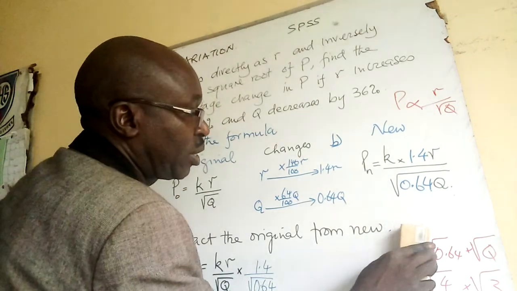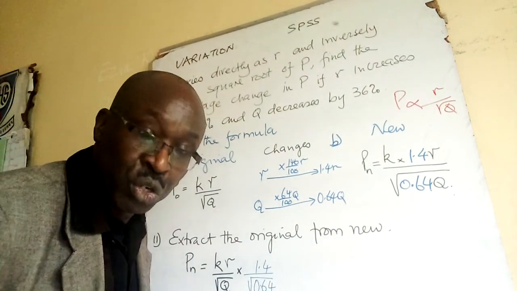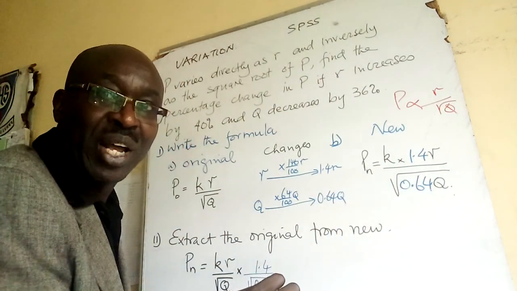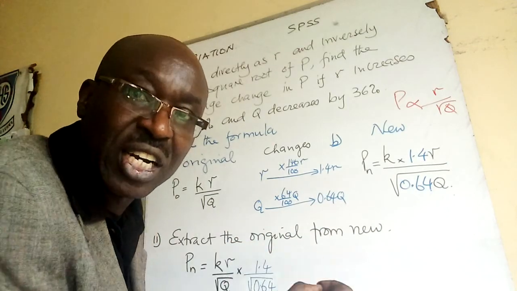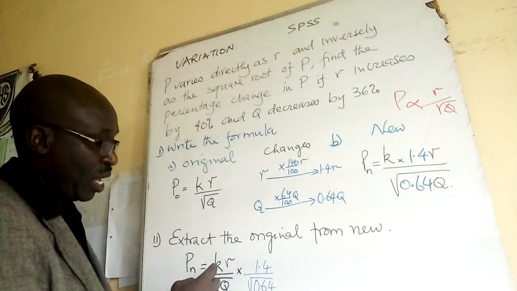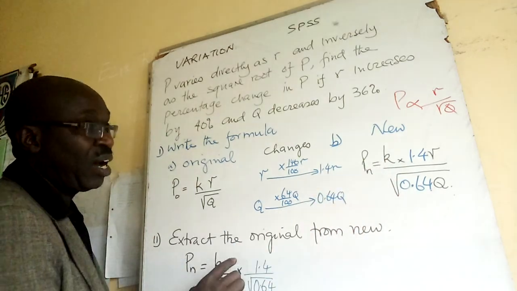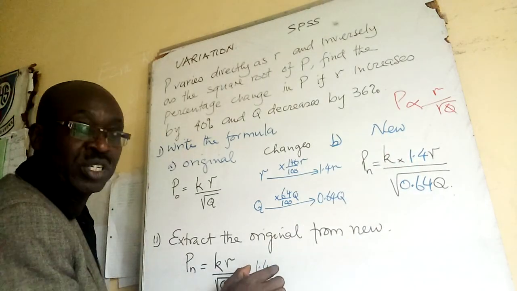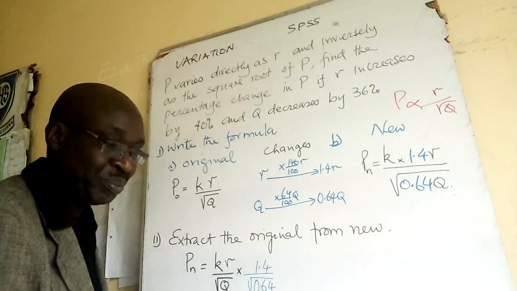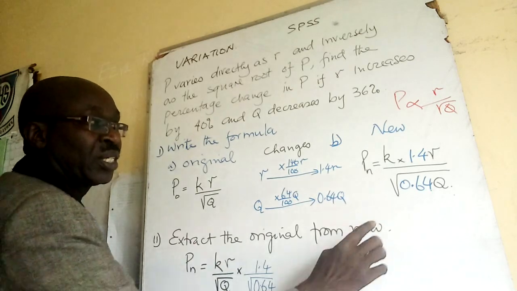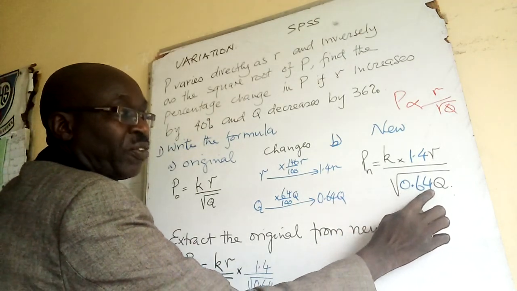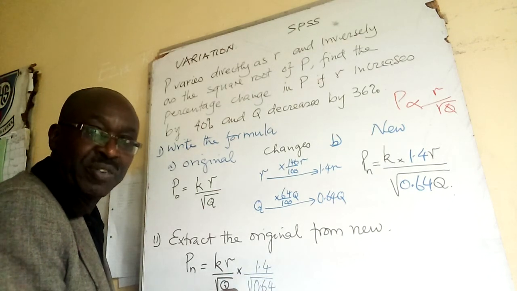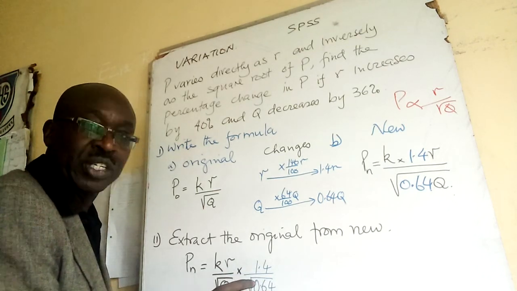So I want you to write the original in one color and then the others in a different color. So I have K, I have R. On the numerator side, I have put 1.4 at the end, over 0.64q broken up: square root of q comes first and then square root of 0.64.